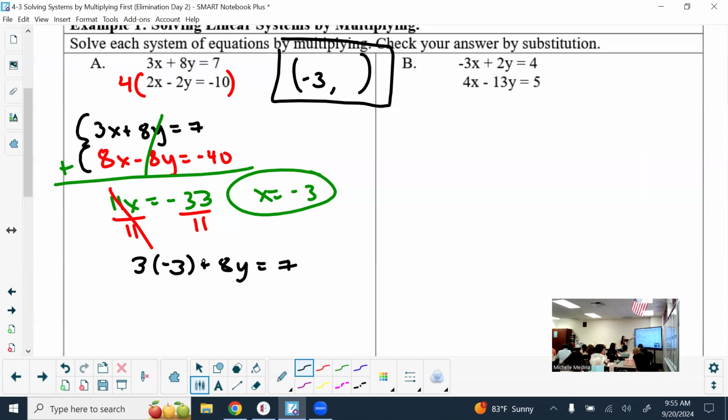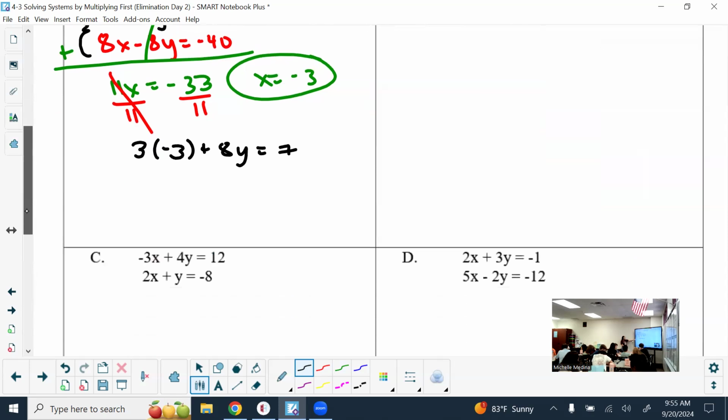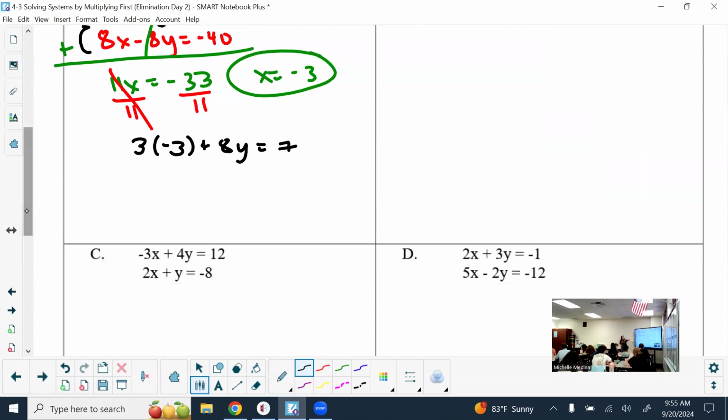So notice I replaced the x with -3. Anytime you plug in, use parentheses so that you remember that you're multiplying, not subtracting. Class, what's 3 times -3? -9. And now it's a 2-step equation, what we started our unit with. So what do I need to do first to isolate the y?